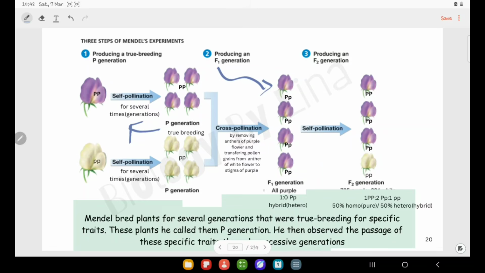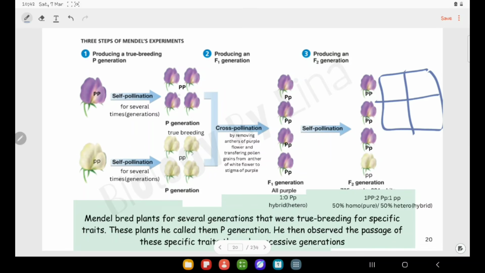Now, in the second step, how did he get the F1 generation? The F1 generation, which is named the first filial generation, he got by cross-pollination of the P generation. As you can see here, they are all purple and all P capital P small. Why? Because if you cross the purple with the white flower, the purple is P capital P capital (we will talk about the Punnett square later), and the white flower is P small P small.